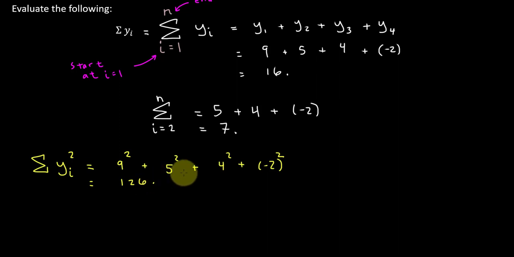So notice this is not 16 squared, right? This isn't take the sum and then square it. If we wanted to achieve that, what we would have to write is take the sum and square the entire quantity. That is how you get 16 squared.